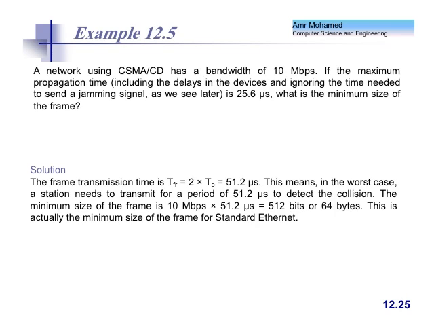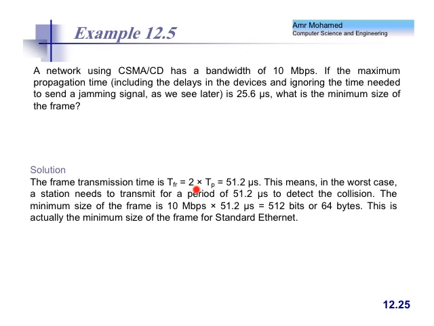So if I have a network of CSMA CD with a bandwidth, or a maximum data rate, of 10 megabits per second, and the maximum propagation time is 25.6 microseconds, what is the minimum size of the frame? So we know that the minimum size of the frame is 2 times the propagation time times the bandwidth.